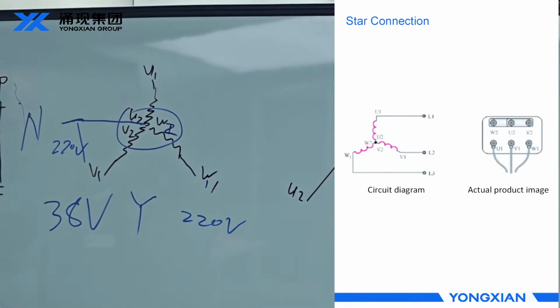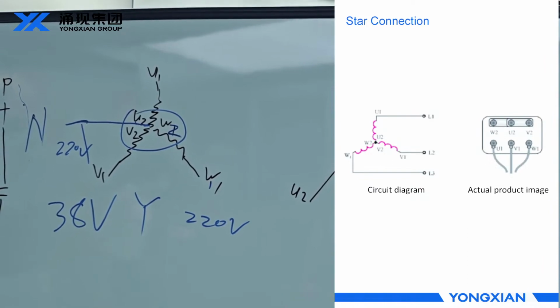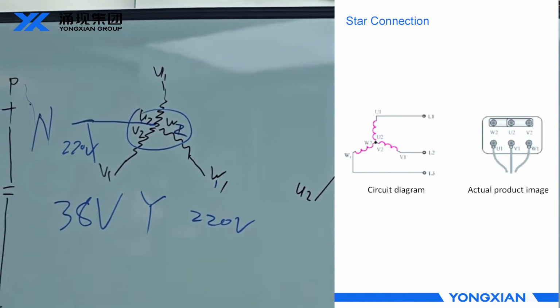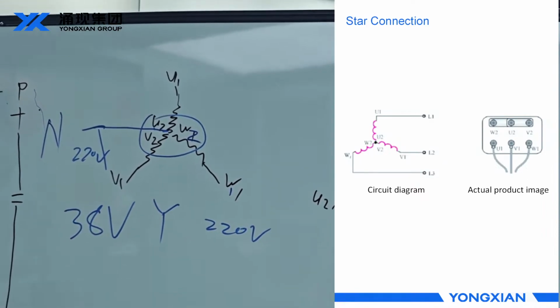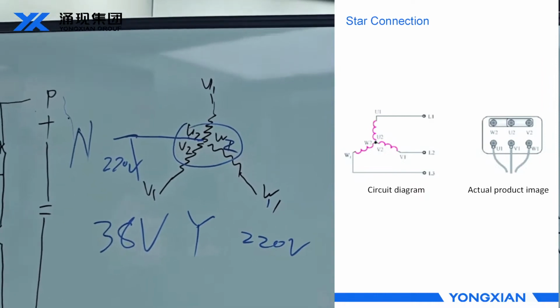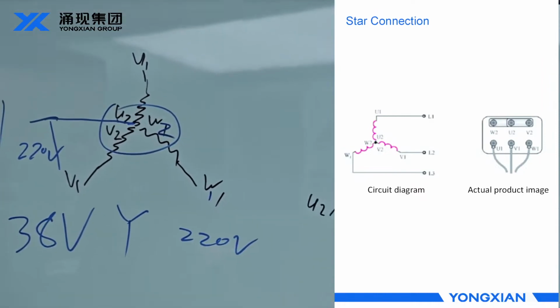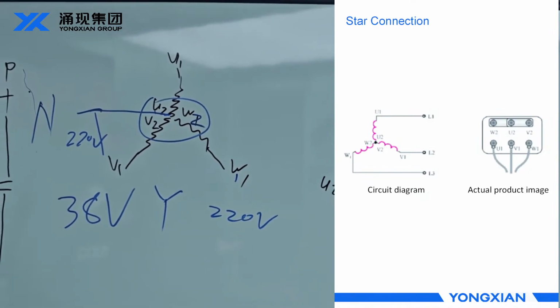This ensures smooth operation and lowers the insulation grade requirement for the windings, thereby enhancing the reliability and service life of the traction machine. The disadvantages are low starting torque and being unable to start under heavy load.